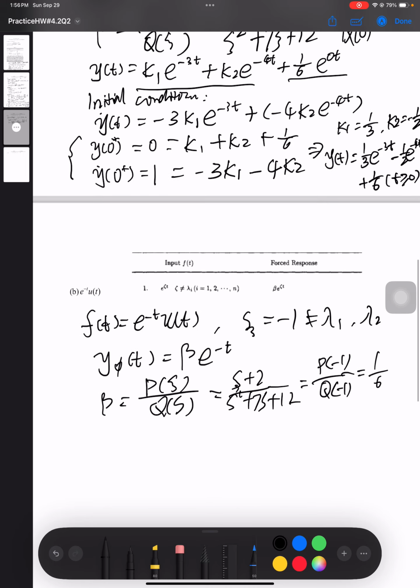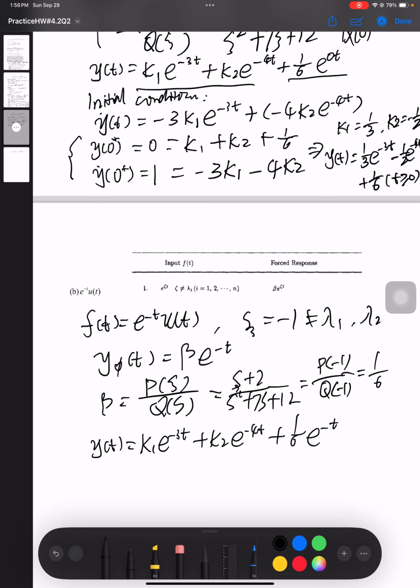So we can get y(t) equals the natural response k1 e^(-3t) plus k2 e^(-4t), and plus 1 over 6 e^(-t).